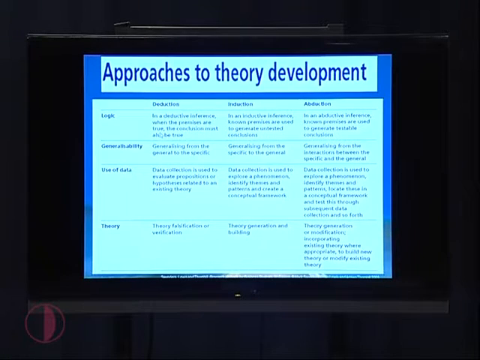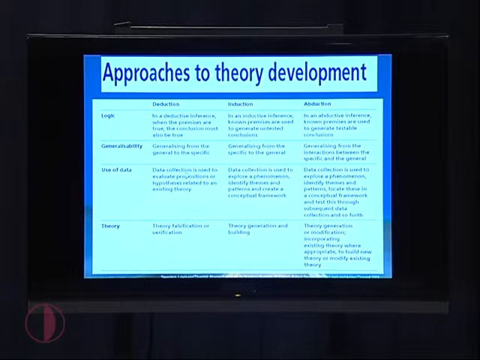The logic of deduction is that when the premises are true, the conclusion follows, while induction generates testable conclusions. Generalization in induction is from specific to general, while in deduction it is from general to specific, and generalization from the interaction between the specific and the general is for abduction, which is something mixed between both of these.